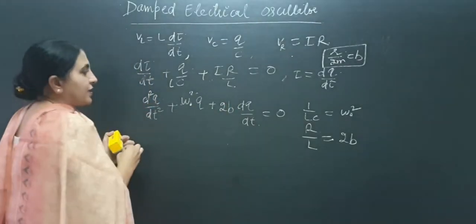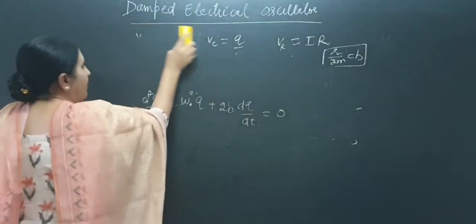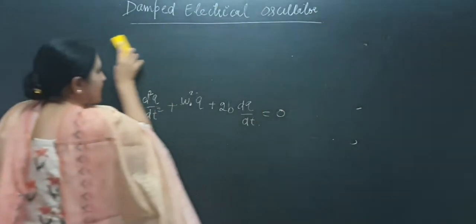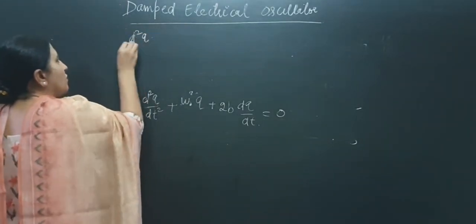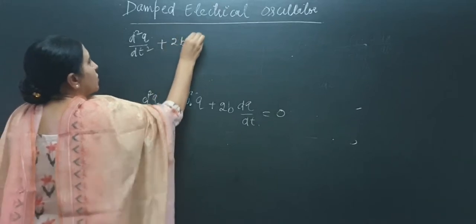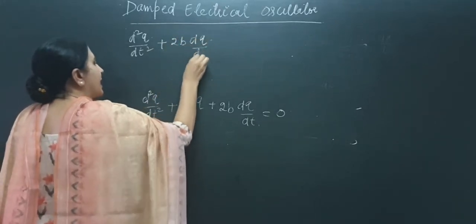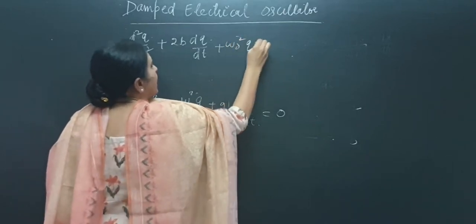So now this is the differential equation for a damped electrical oscillator: the double derivative of Q with respect to t square. You can compare this equation with that of the damped mechanical oscillator.